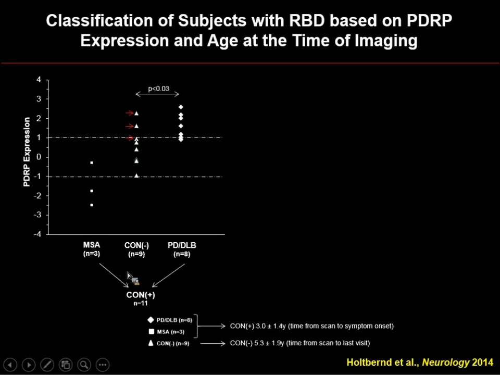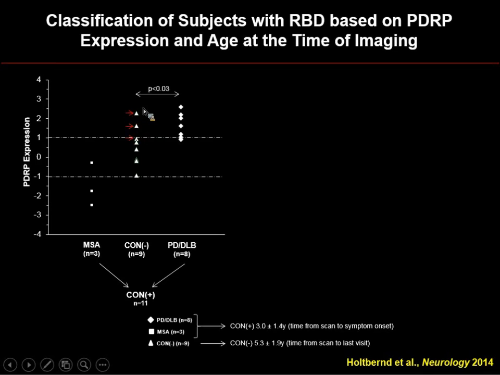So the shocking thing is that all the phenoconverters, at least the majority of the ones who phenoconverted to PD, were above 1. They had an abnormal score, 1 being 1 standard deviation of the normal mean. And of course, you have several here that had yet to phenoconvert.